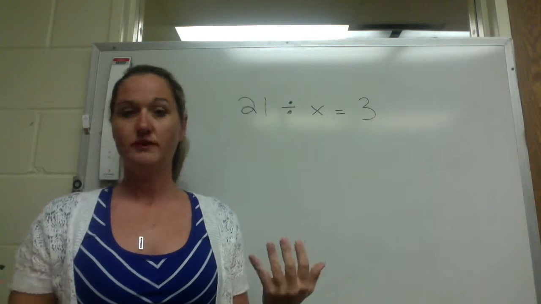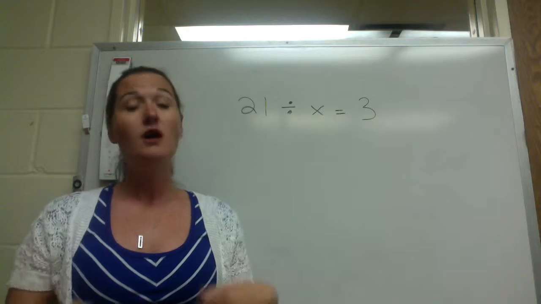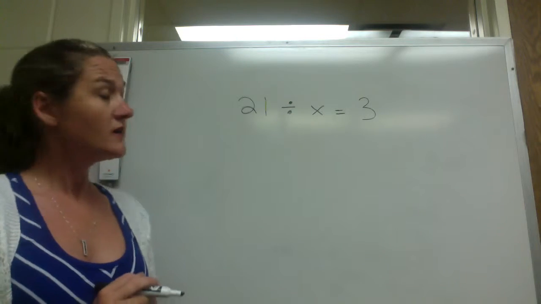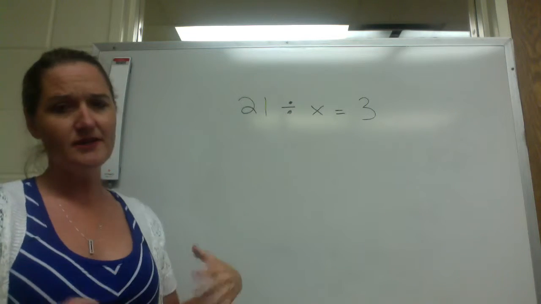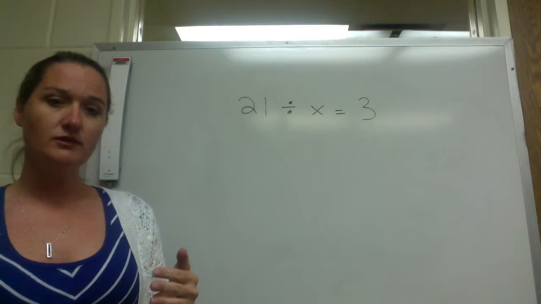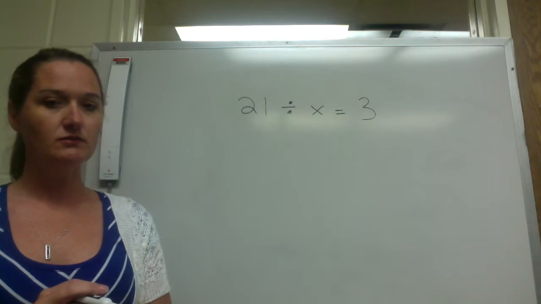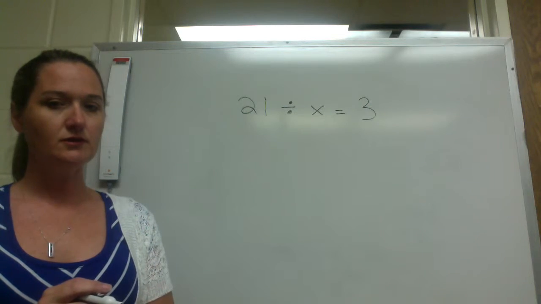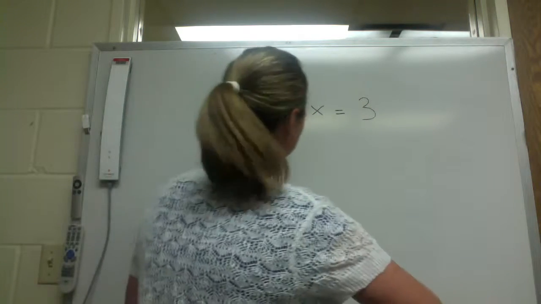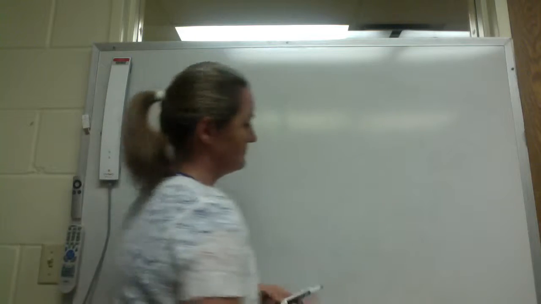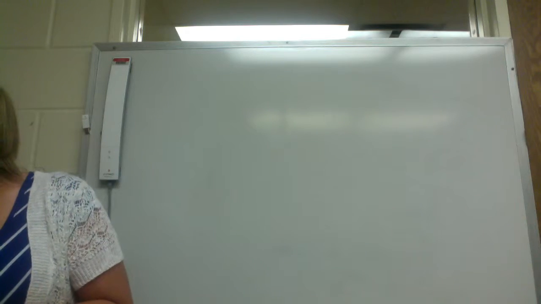Yes, I know you know the answer, but we're going to work it out. Well, that was not a good example. I'm trying to think of how to explain that. Forget that, back up.